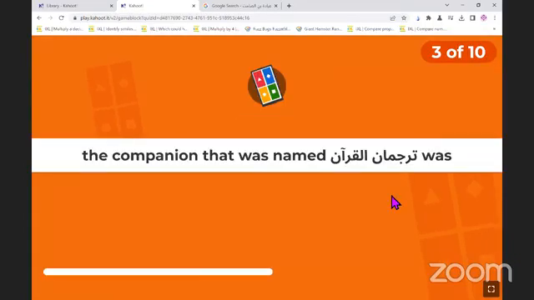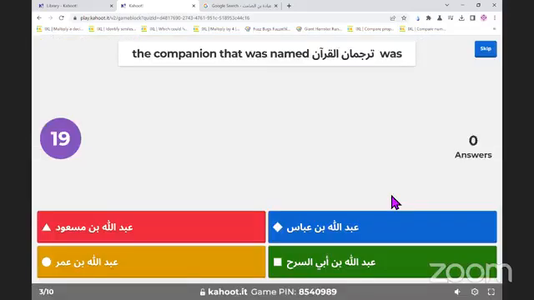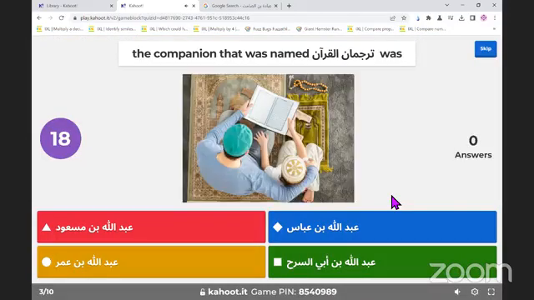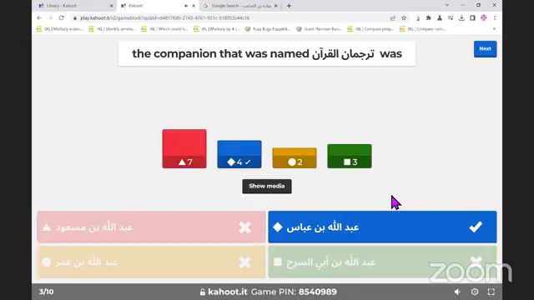Sorry, you guys, I forgot to say who that was. But I did mention him last week. Turjuman al-Quran. I'll give you other information. This companion was young when the Prophet ﷺ died. He actually had the most knowledge in tafsir al-Quran. He was a sahabi that the Prophet ﷺ made the dua for, Allahumma faqqihhu fi ad-din.